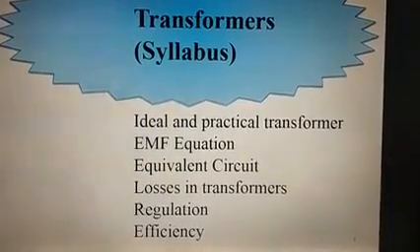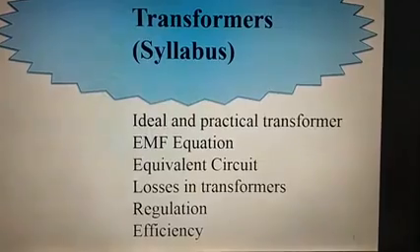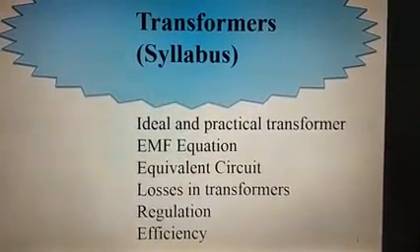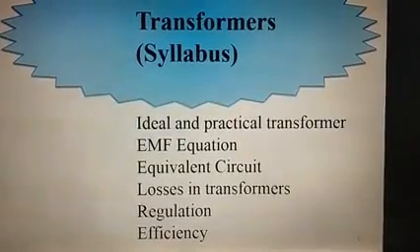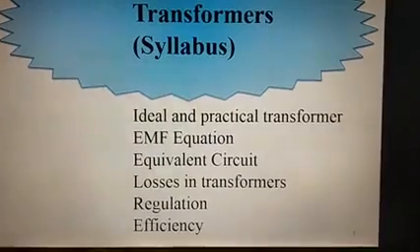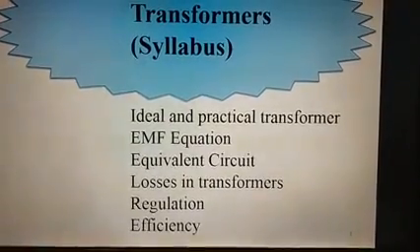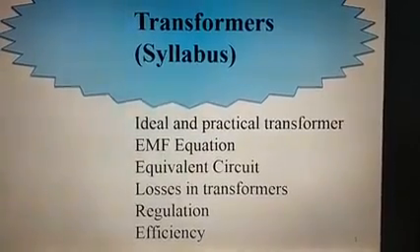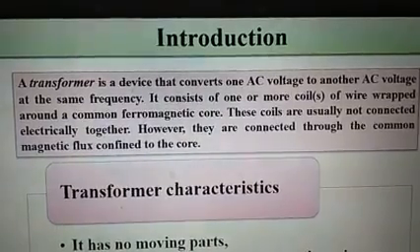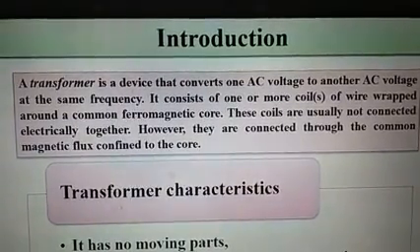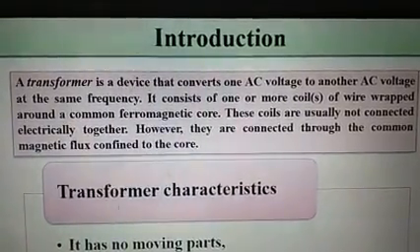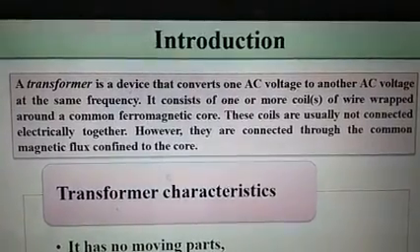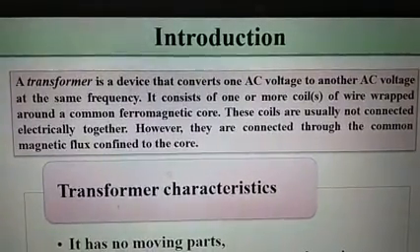So let us start with the basics of transformer, and then gradually we will try to find the EMF equation for the transformer. Before this, we discuss the ideal and practical transformer. A transformer is a device that converts one AC voltage to another AC voltage at the same frequency.